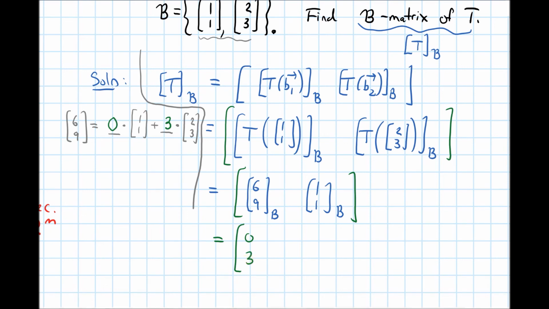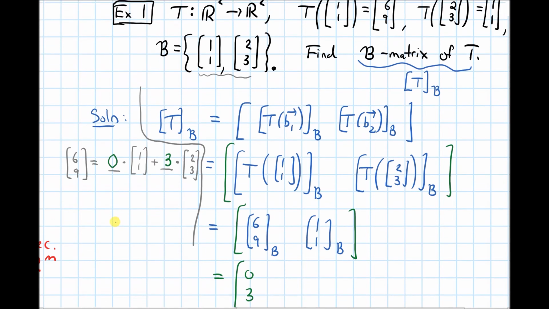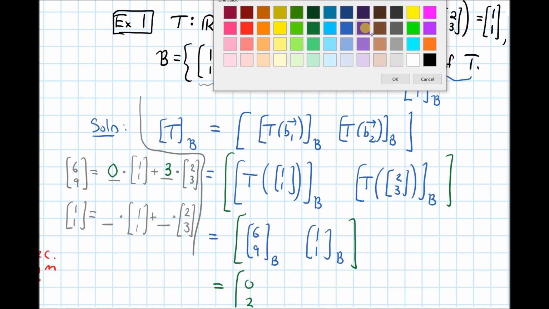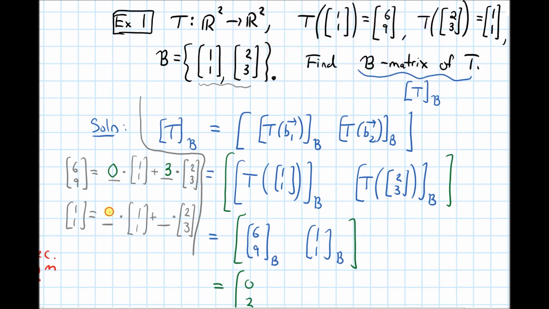Well, let's do the same thing for (1, 1). For (1, 1), I also need to write (1, 1) as a linear combination of these basis elements: something times (1, 1) plus something times the other basis vector, which was (2, 3). And this one actually I think is easier to see, because this is just 1 times the vector (1, 1) plus 0 times the vector (2, 3).